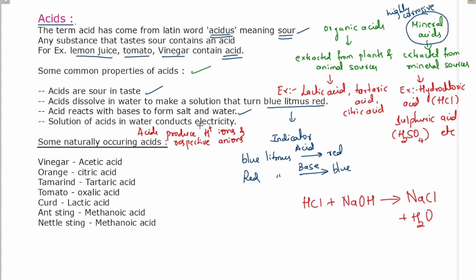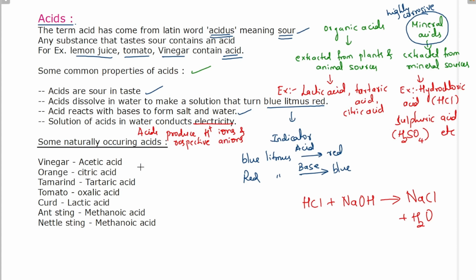Because of that, they will conduct electricity. We know that in order to conduct electricity, there should be presence of either free moving electrons or free moving ions, that is mobile ions. As the acids produce H plus ions and respective anions in water, they will conduct electricity. The acidic solutions conduct electricity.